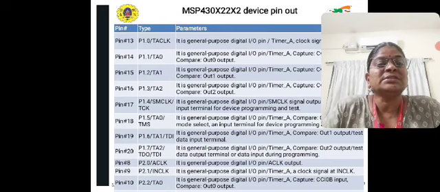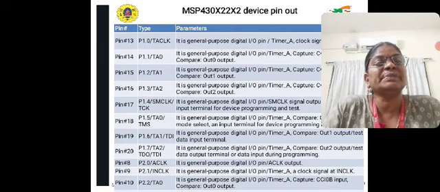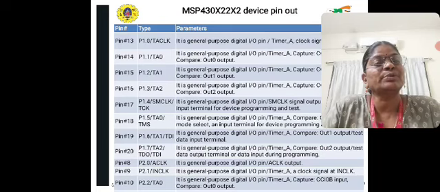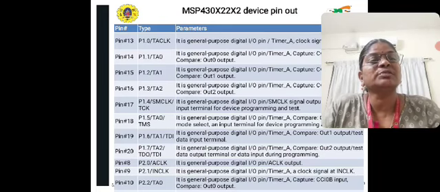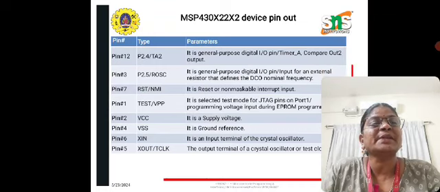So these are the main pins, that is what we call the pinout of MSP430. These are the major input output pins, which are used in the instructions or programs of MSP430. And the primary pins are explained here.